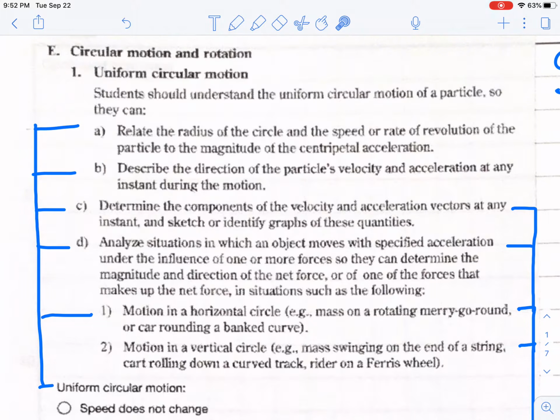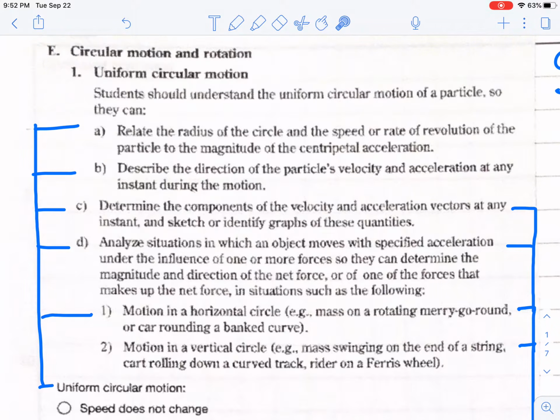Parts C and D here actually came from another set of standards, not for uniform circular motion. So these could kind of apply to other motion as well that's not uniform. You want to be able to determine the components of the velocity and acceleration vectors at any instant and sketch them or identify graphs of them.